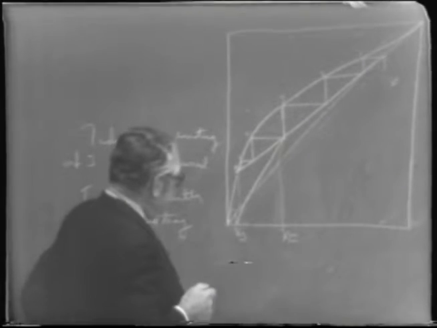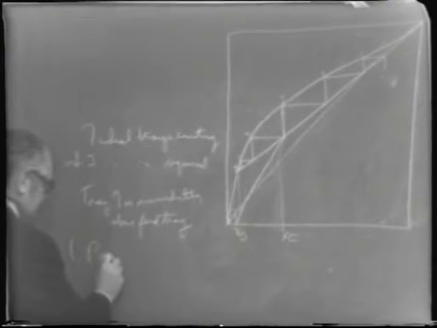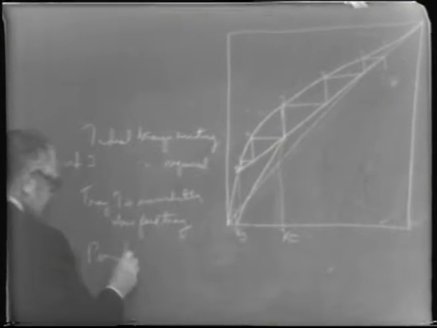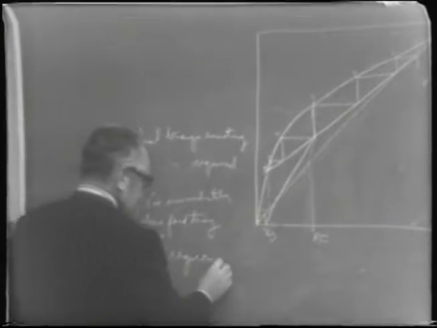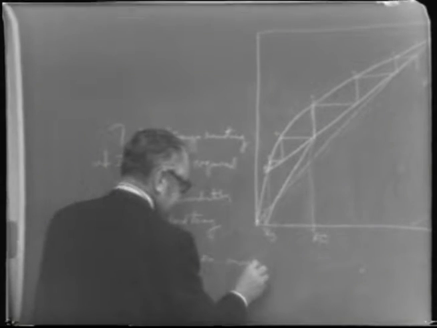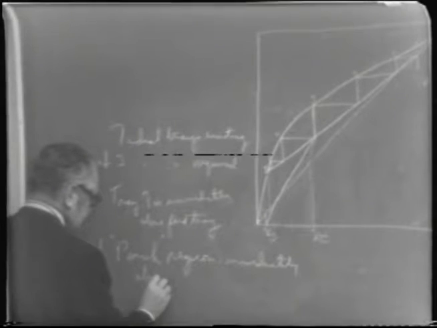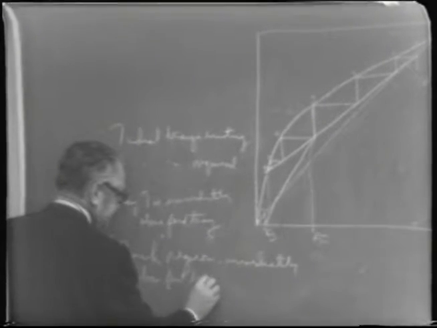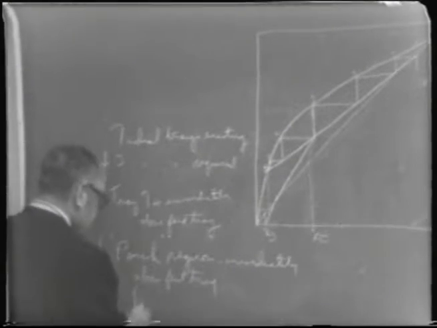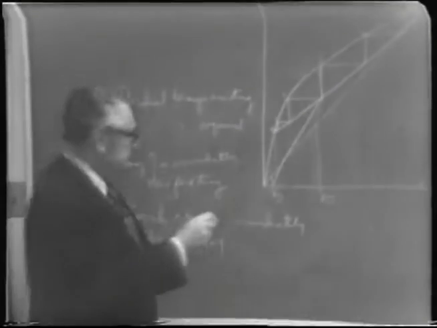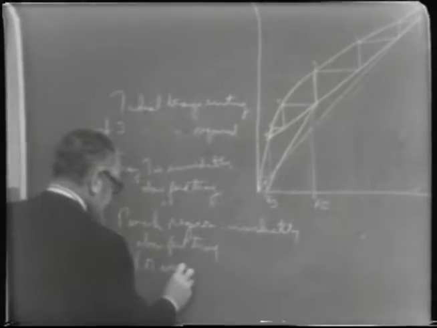So in other words, what we have in here is a pinch region, as they frequently call it, immediately above the feed tray. Or sometimes it's called an inactive tray region because there's practically no change in concentration over several trays in here, or inactive tray area.